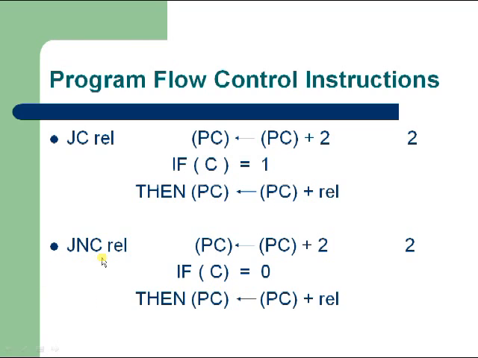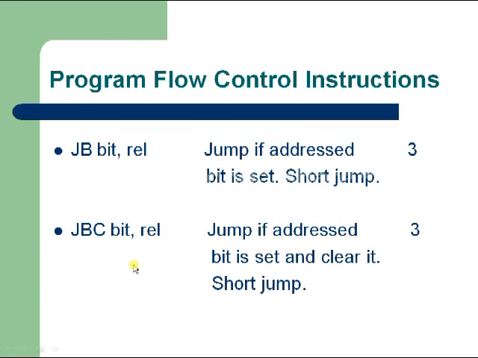Now JNC, jump if no carry, to the relative address. If there is no carry, that means if C is 0, then the control will be transferred to that relative address location. Now JB bit, relative address: jump if the addressed bit is set.